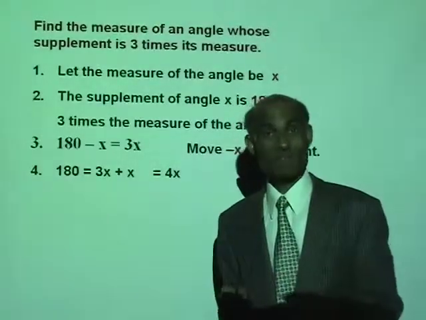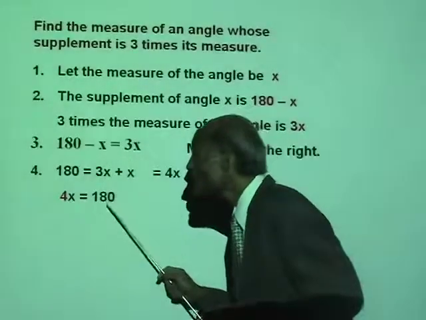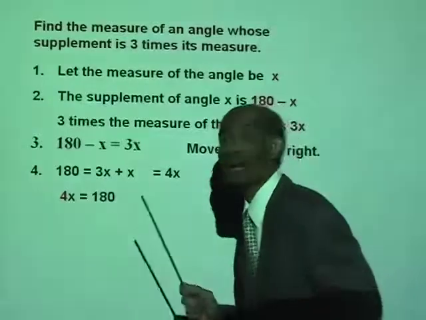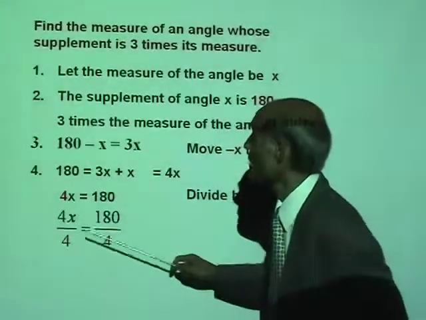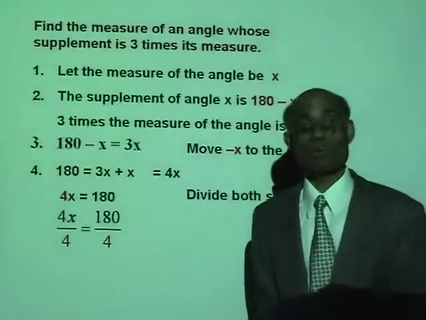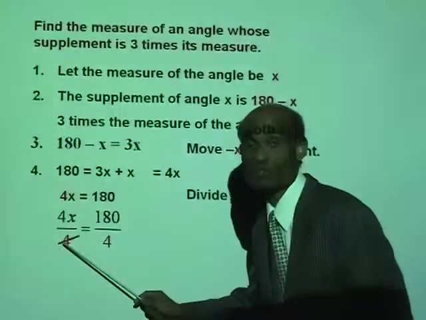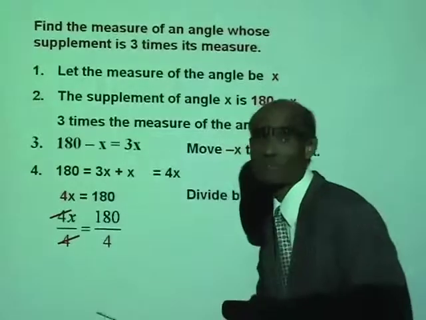You see, easier that way. So let's write it that way. 4x equal to 180. Divide both sides by 4. We get 4x divided by 4 equal to 180 divided by 4. And the 4 cancels on the left. We get x alone on the left.